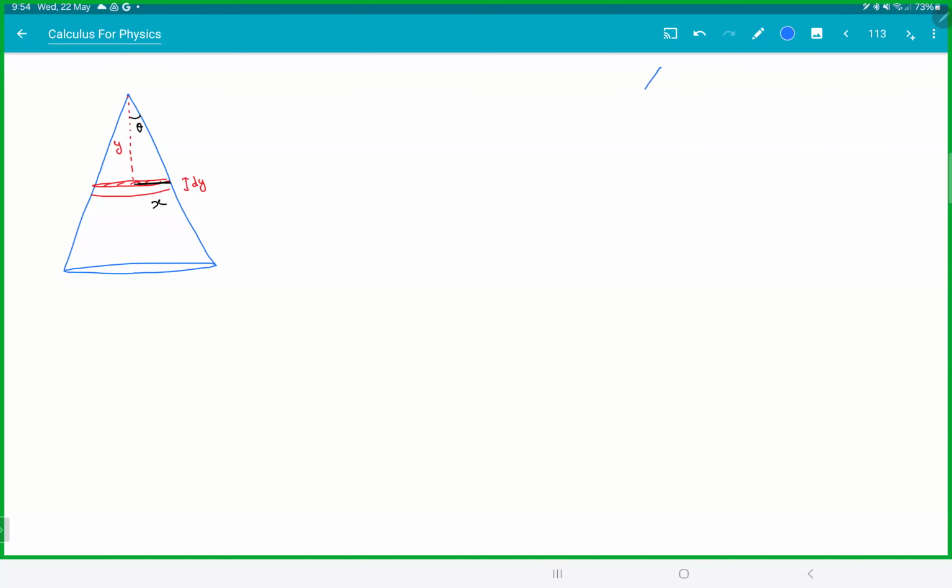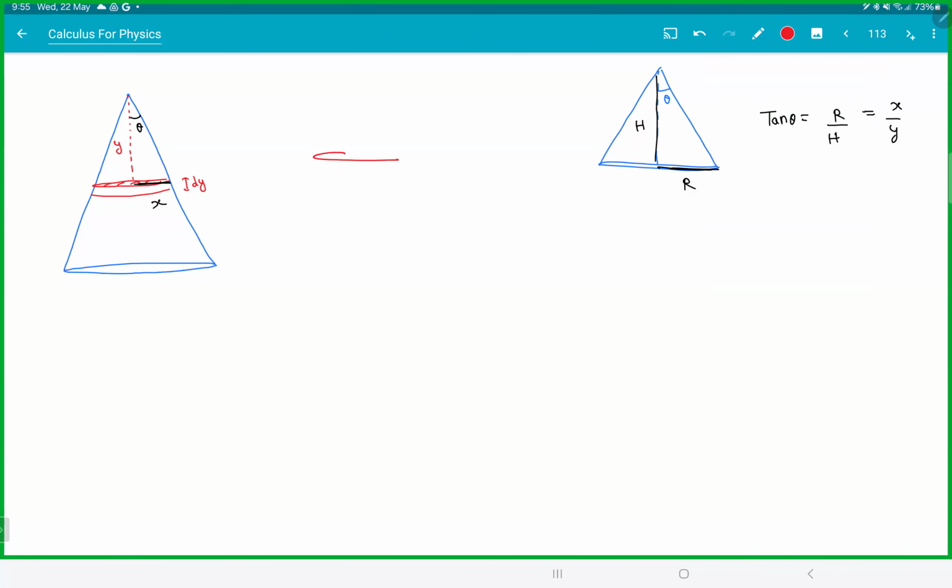Now for the whole cone, this theta is constant. This was radius r and this was height h. So tan theta was opposite side r by h. But tan theta is also equal to x by y. Agreed? Similar triangles.